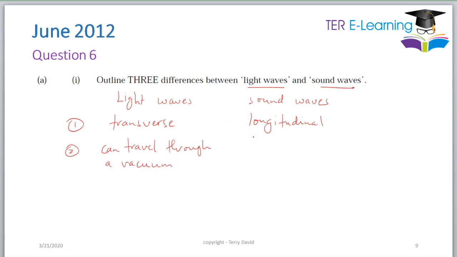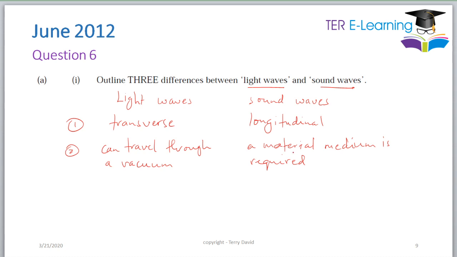It doesn't require material. But in the case of sound waves, a material medium is required. So sound waves cannot travel through a vacuum. It needs a material medium in order to travel.